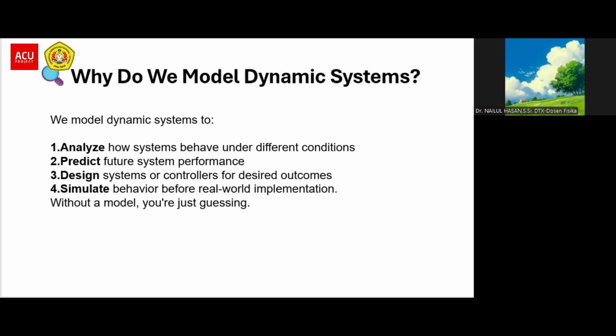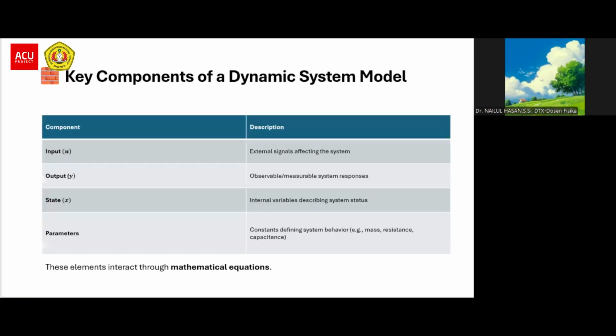And finally, to simulate before building anything, saving time, cost, and reducing risk. Without a model, we are just guessing. And in engineering, guessing can be very expensive. To build such models, we need the essential components that make them work.